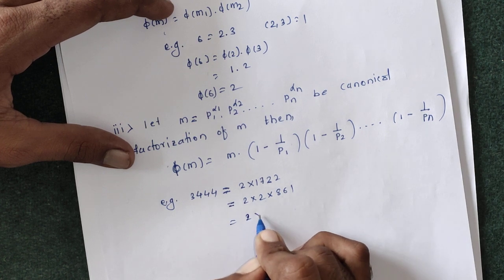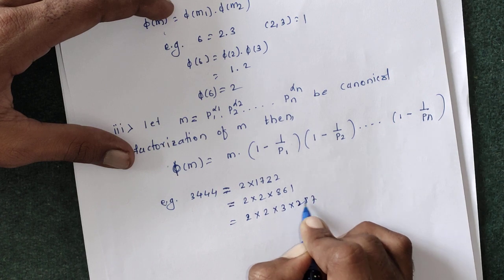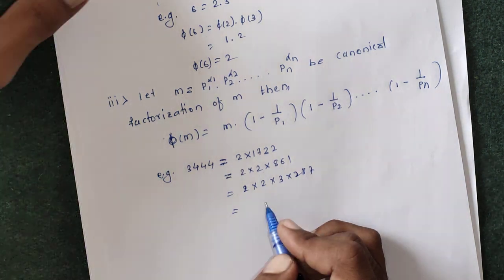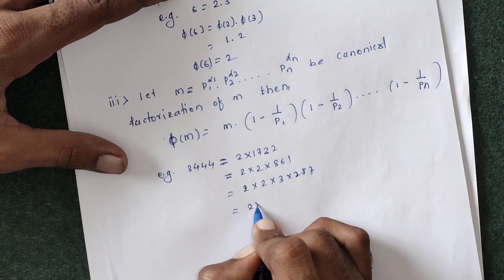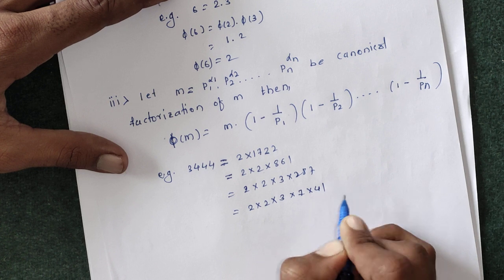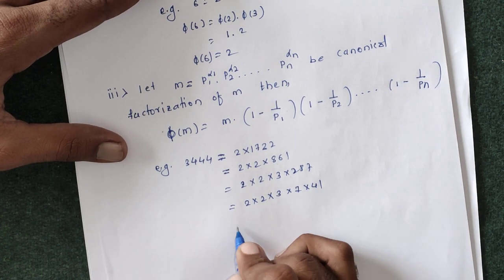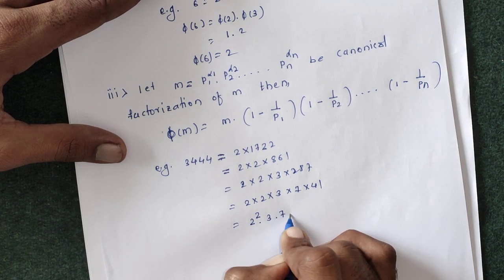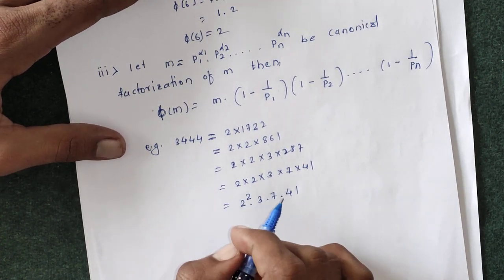If we divide this number by 2, we can write 1722 into 2. Again here is an even number, so we can factorize it in this manner, 861, and now for this number, if we divide by 3, we get 287, and we can use the calculator in our number theory paper. So using the calculator we can calculate this as 3 into 7 into 41. So 2 is a prime number, 2 is again prime, 3 is prime, 7 is prime, and 41 is prime. So we can write it as 2 square into 3 into 7 into 41. So this is the canonical expression of 3444.